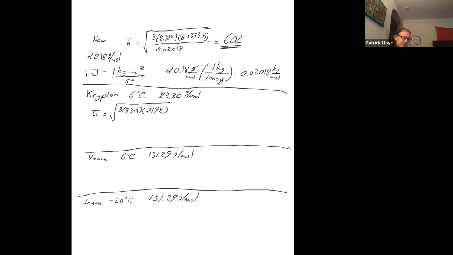Let me just make sure I did that first one right. 3 times 8.314 times 279.15 over 0.0218, and then take the square root. Oh, I got a different value now, 565. So I miscalculated that temperature.